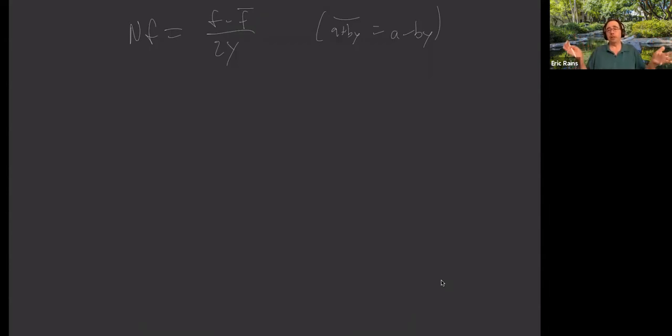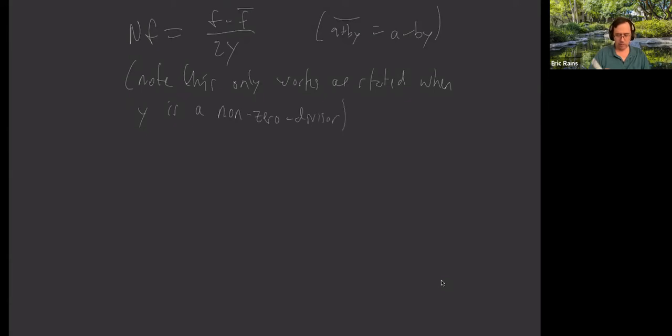So anything in this algebra has this description as a linear combination of f and f bar, where we allow some mild poles. Note, this only works as stated when y is cancelable, or is a non-zero divisor, because we need to be able to divide by y for this to actually make sense, but that's okay.